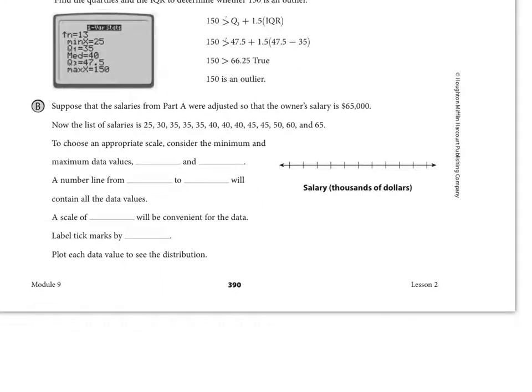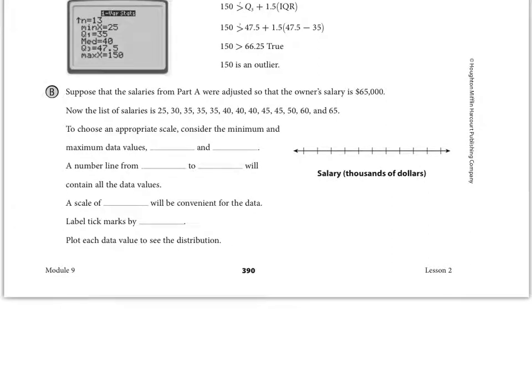Let's take a look at part B here at the bottom, page 390. It looks like we have a very similar set of data to the previous page, but I don't think it's exactly the same. I'm going to label this exactly the same way as the previous page because there are very similar numbers.